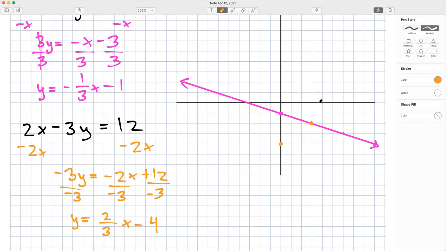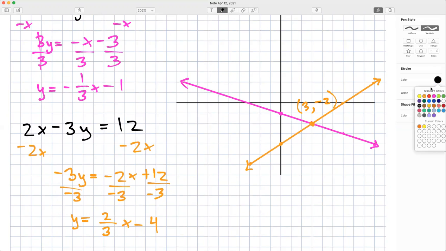So up 2, right 3, up 2, right 3, left 3, down 2. There's our second graph right there in orange. And our intersection point right there, like I just said, was 3, negative 2.